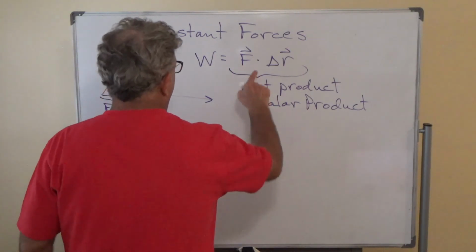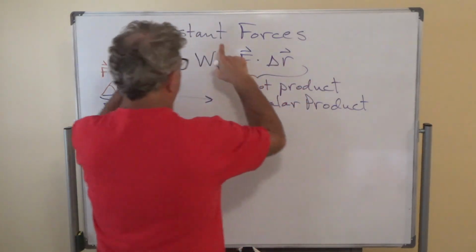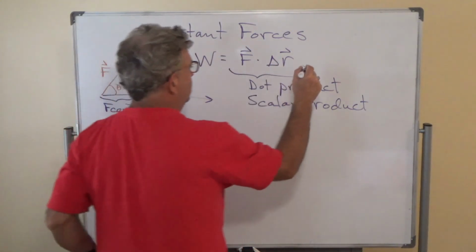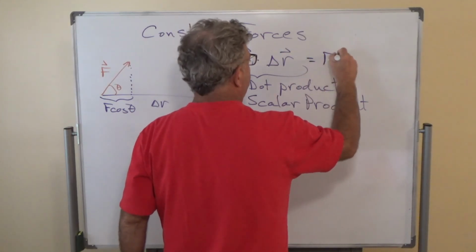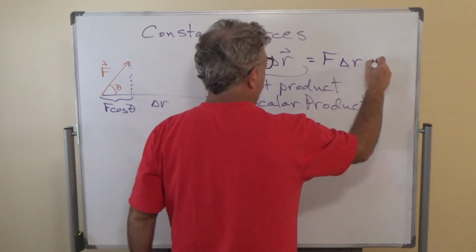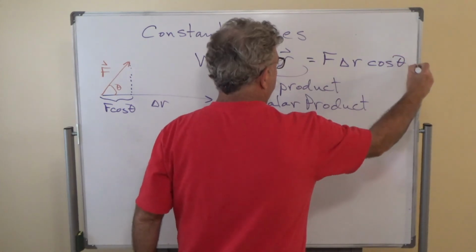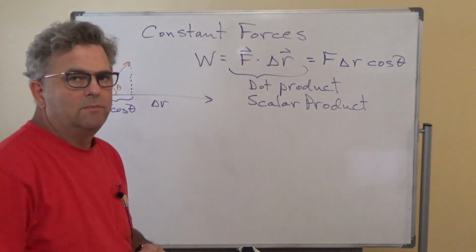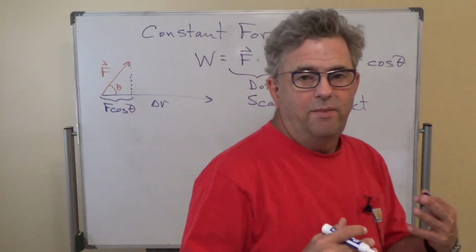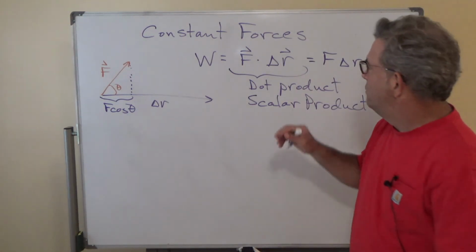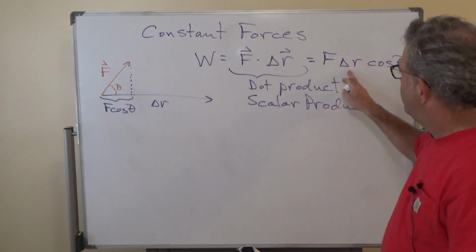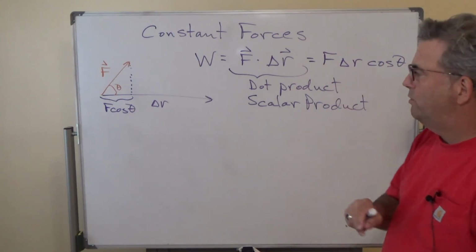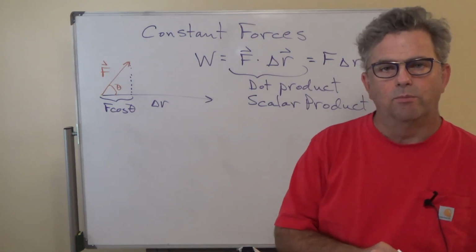So this F dot delta R, now we're talking about constant forces, is equal to F delta R cosine theta. So it's the magnitude of F, the magnitude of delta R, and the cosine of the angle between them.